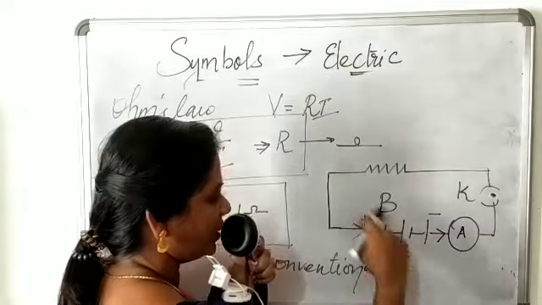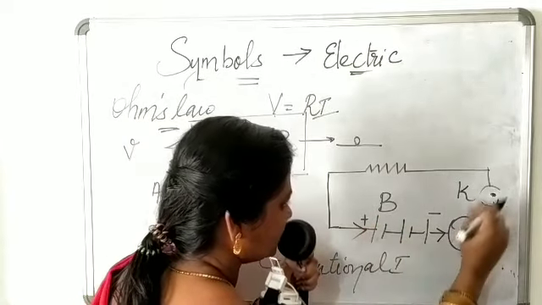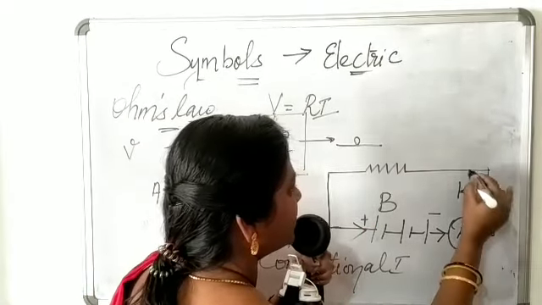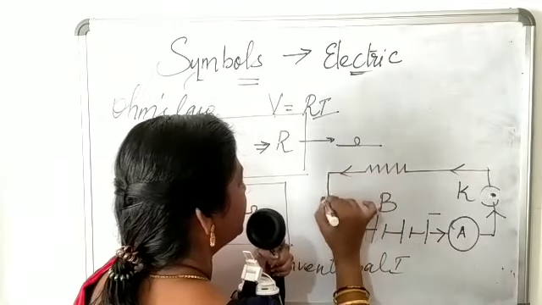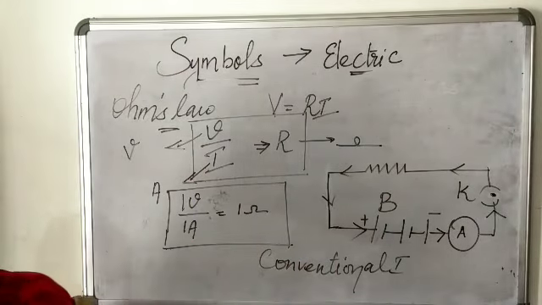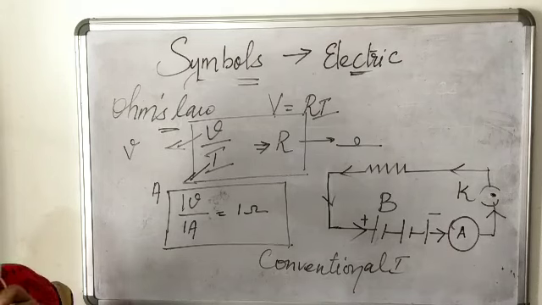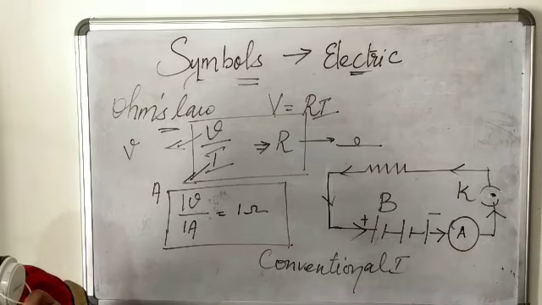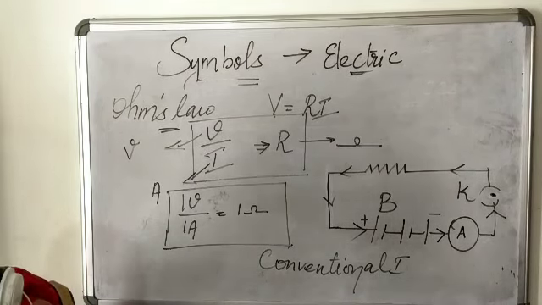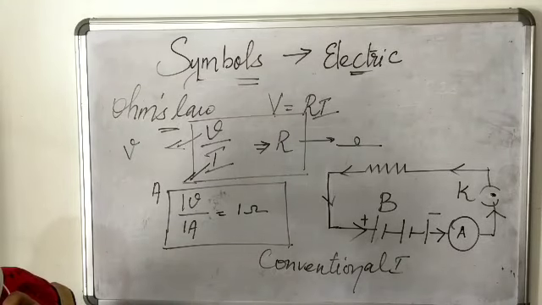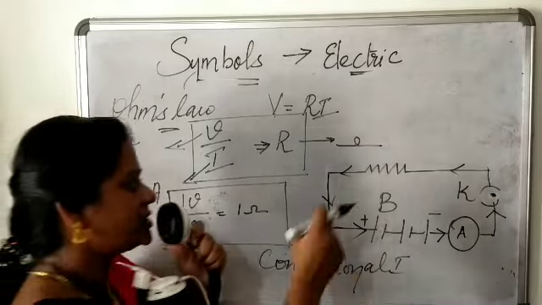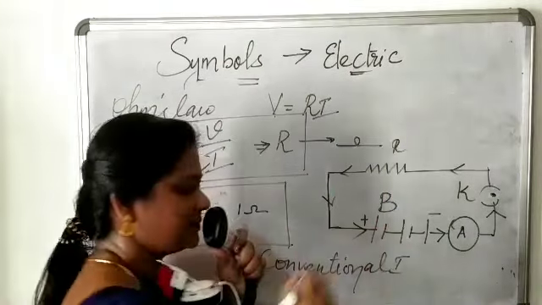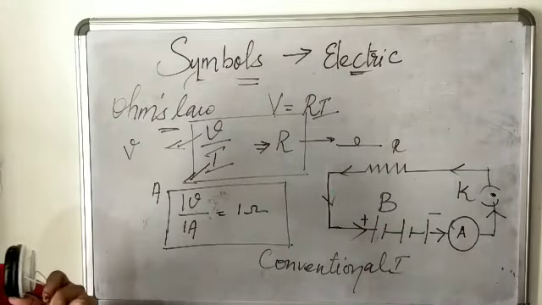So how will the flow be? Starting from positive like this, the flow of charge will take place like this. So you have to draw the arrow mark. This is very important, because you are learning electricity. Whether it is electricity or light, in any diagram you draw, that arrow mark is very important. So this is called as the resistance. These are the main components.